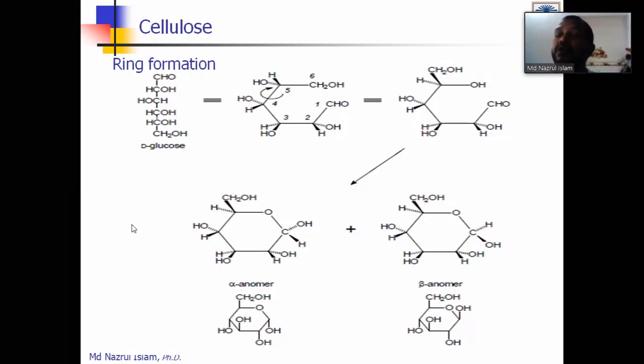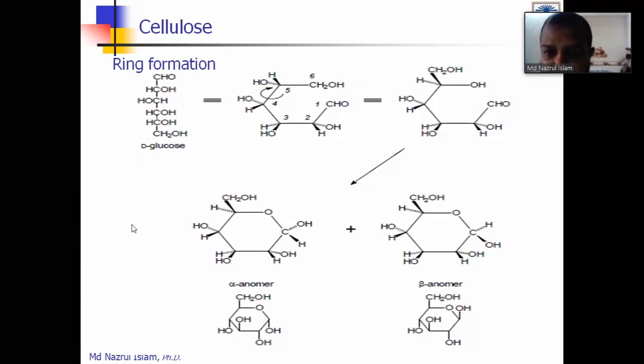Glucose, fructose, galactose are all C6H12O6, but our target is glucose. So you have to mention that wood is made from the beta anomer, D type glucopyranose, because the structure is pyranose. From now onward, never say that wood is made from glucose. Wood is made from beta D glucopyranose.